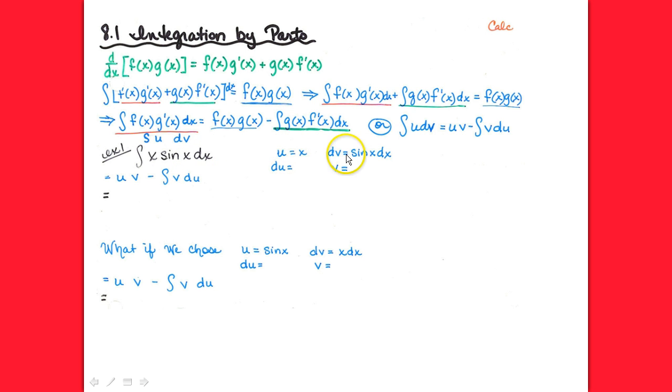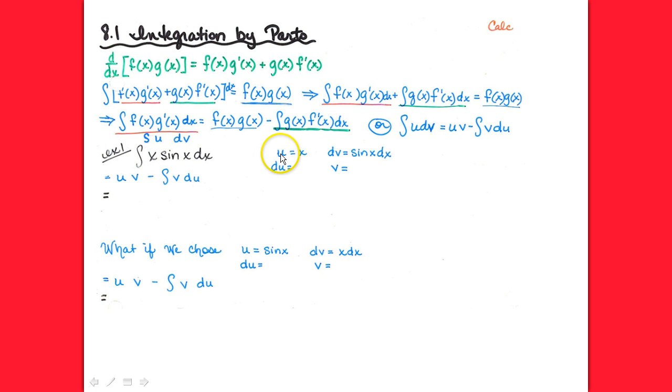So u is x and dv is sine x dx. If I notice in my formula, in order to accomplish this, I'm going to need to know what du is, and I'm going to need to know what v is. Because if you'll notice down here, I've got to fill in du here, v here, v here.